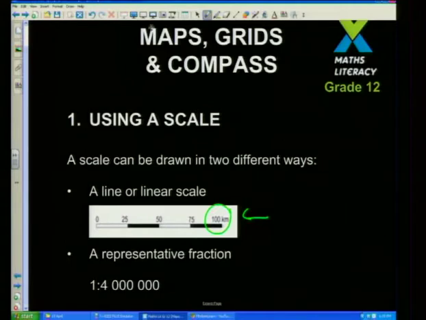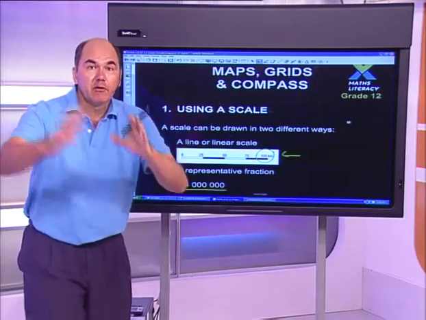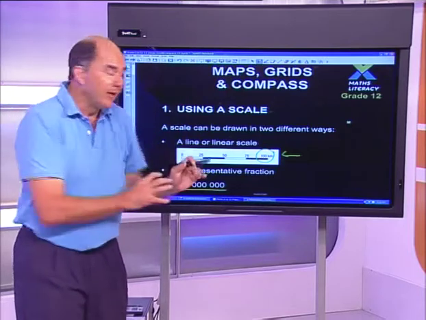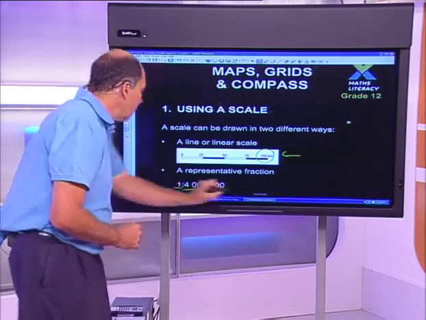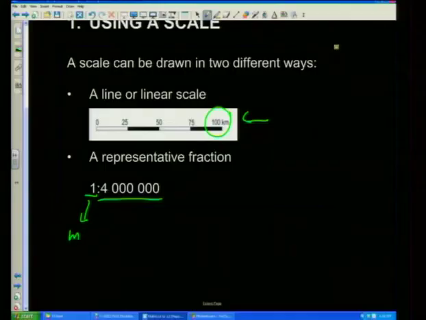This tells us 1 in 4 million. Okay? So that tells us 1 unit of measurement on the map is 4 million units on the ground. That's the comparison. The smaller unit is what's on the map. This is on the map, and this is on the ground.